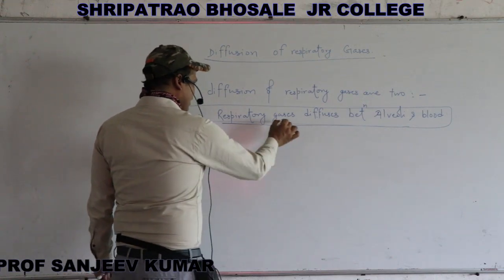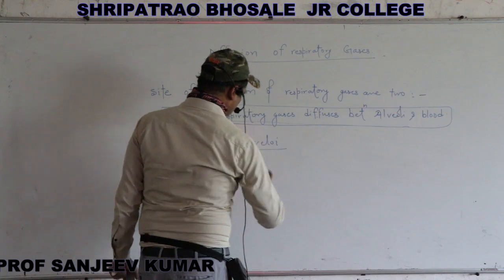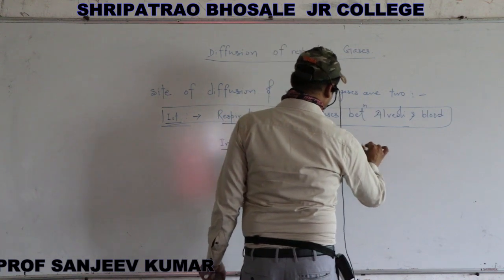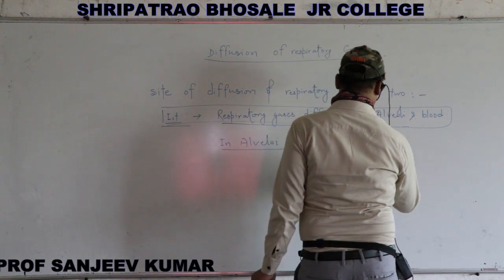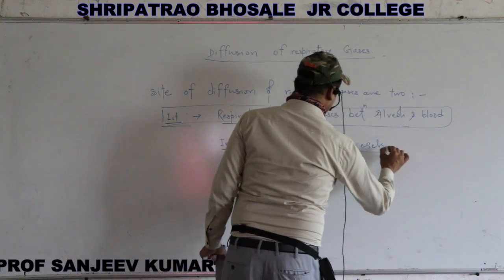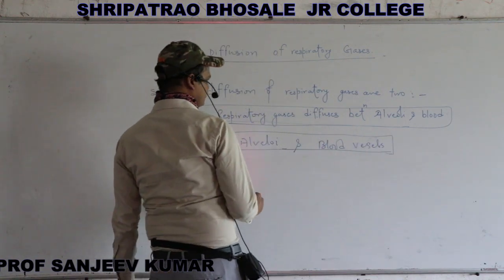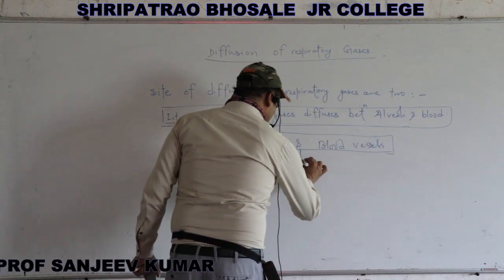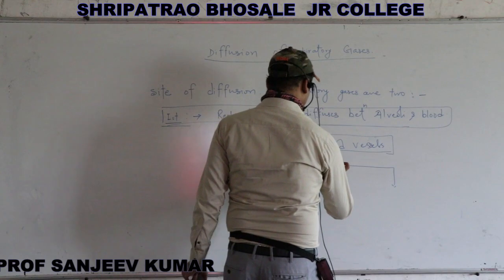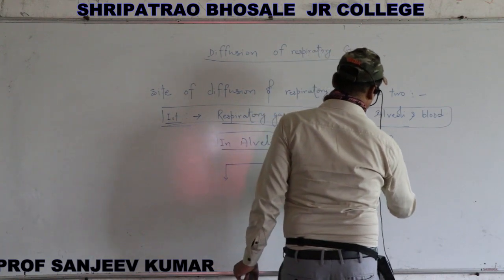Between alveoli and blood vessels, there are three membranes, three barriers.